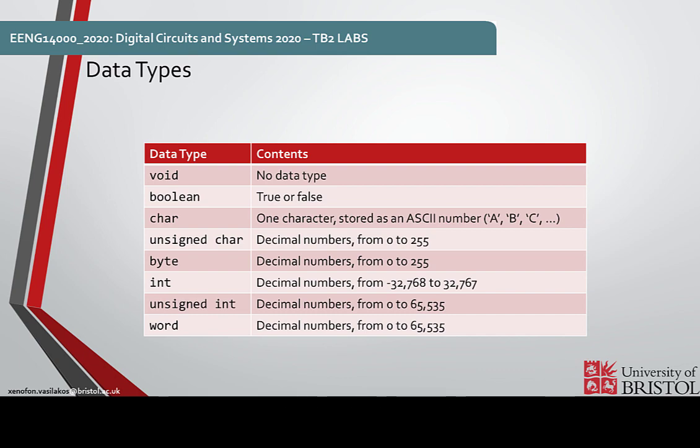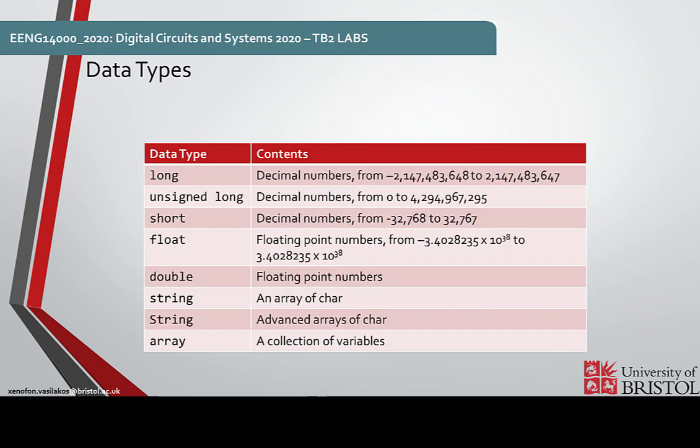Hence, the maximum value is 2 times that of an int, from 0 up to 65,535. Word. Again, decimal numbers within the same range. Long. This type is used for very big integer numbers. Unsigned long, for even bigger ones. Short for decimal numbers.